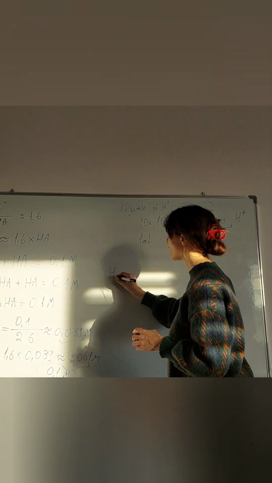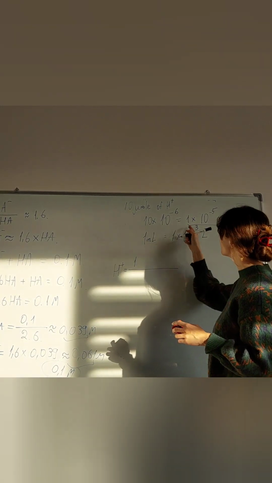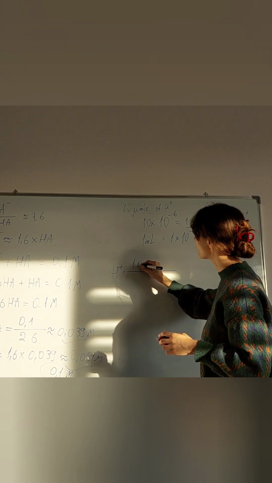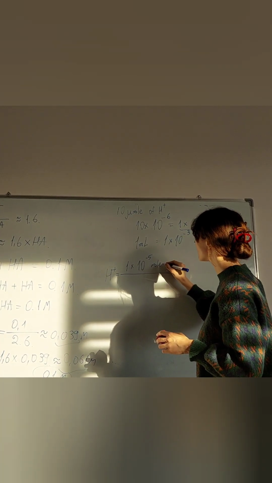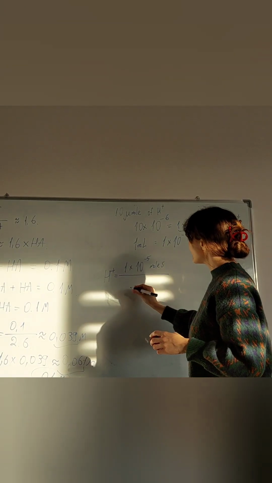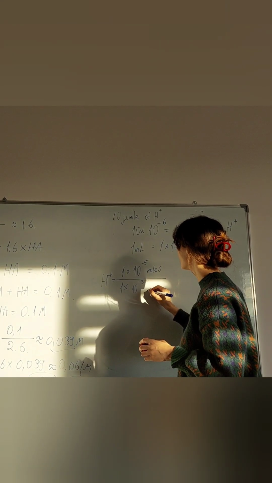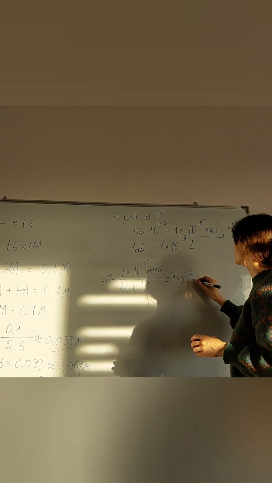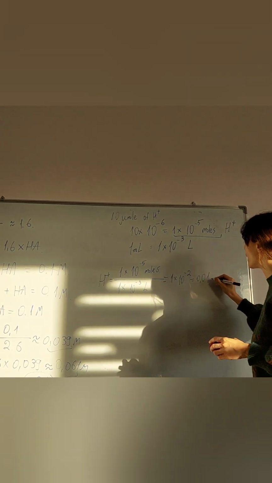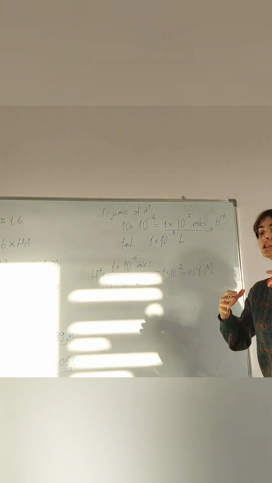So molarity for the hydrogen ions will equal 1 times 10 to the power of negative 5 divided by 1 times 10 to the power of negative 3 per liter, and that is 1 times 10 to the power of negative 2, so 0.01 M, which is the molarity of the hydrogen ions generated.